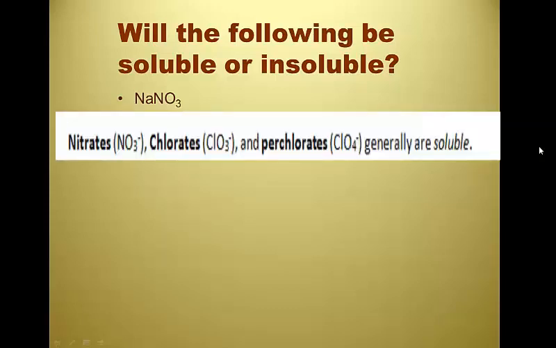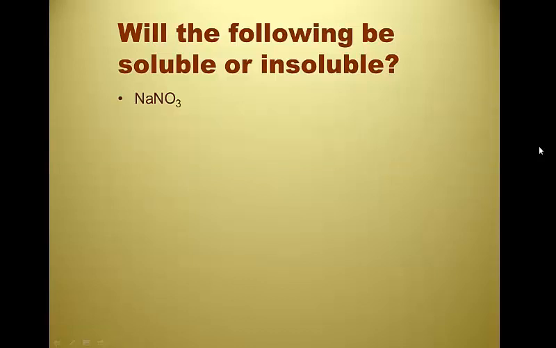Based on solubility rules and focusing on the nitrate, the very first line of your solubility rules states that nitrates, chlorates, and perchlorates are generally soluble, meaning that sodium nitrate will dissociate into its ions when it is placed in water.